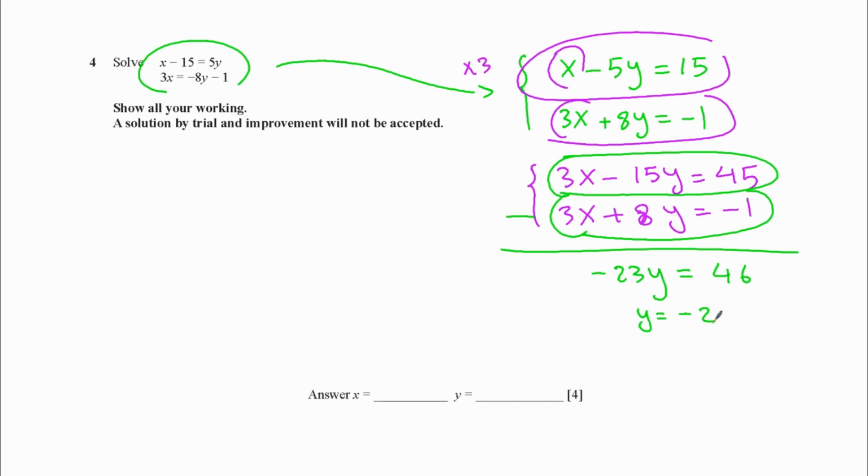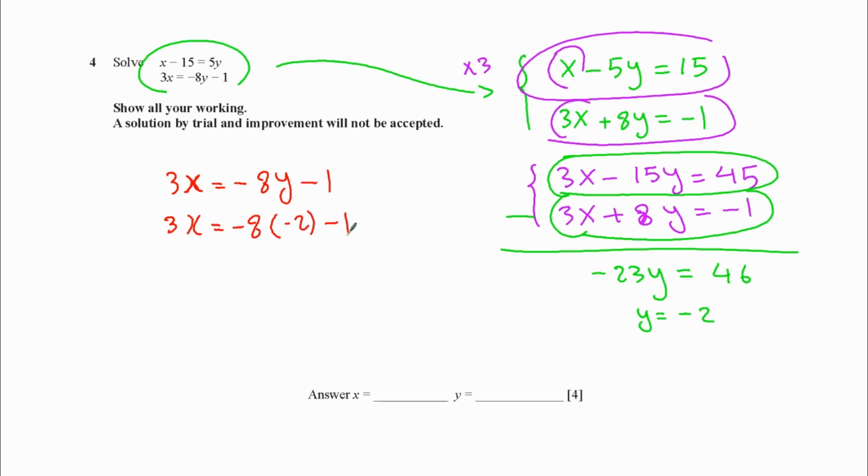Now that I have found y, I can put that minus 2 into one of these equations. So I can maybe put it in the second equation. Second equation, we have 3x equals minus 8y minus 1, and we know that y equals minus 2, so I'm just going to replace: 3x equals minus 8 times minus 2 minus 1.